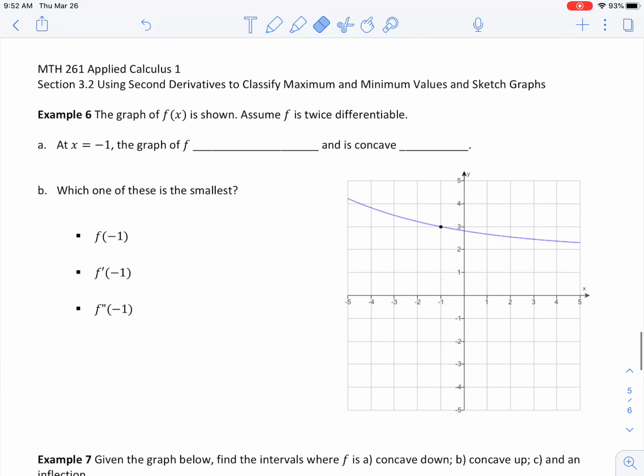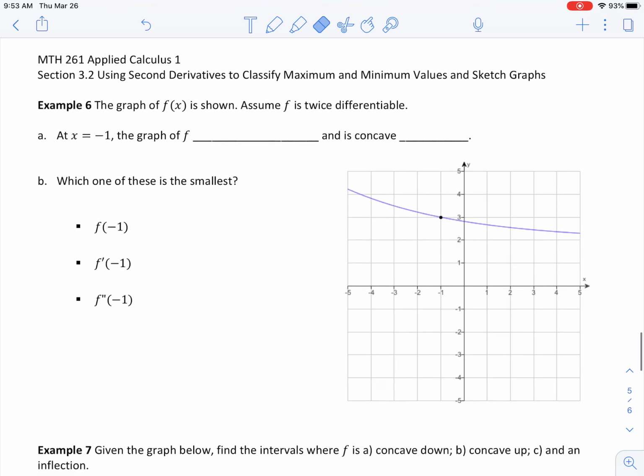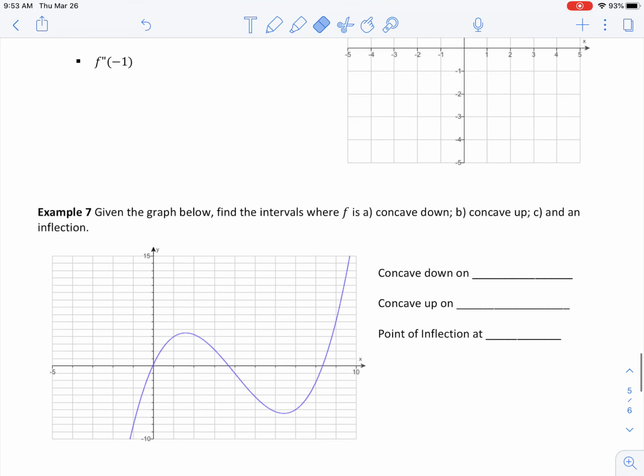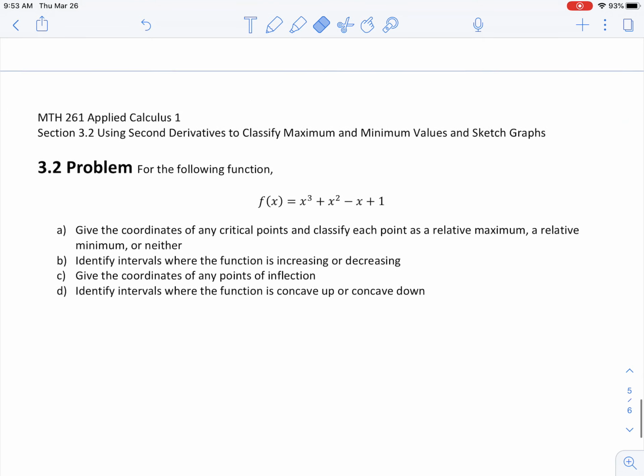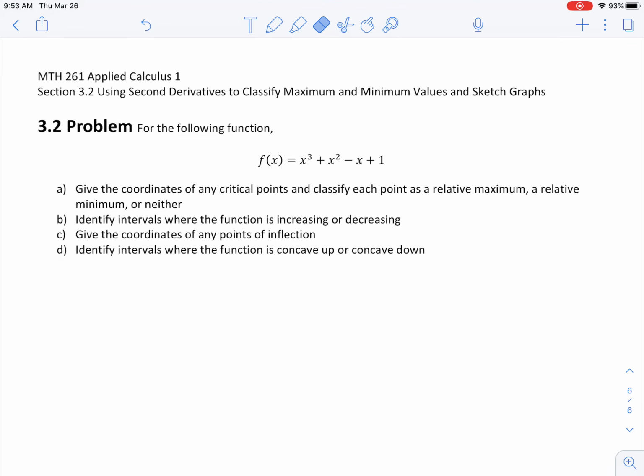In example 5, we will also try a couple of graphs where we have to use the graph given and find the parts. Now, the second video will help you on some of the homework problems that you will do on 3.2. But after watching this first video where I go over examples 1, 2, 3, and 4, you should be able to try the 3.2 problem, okay?